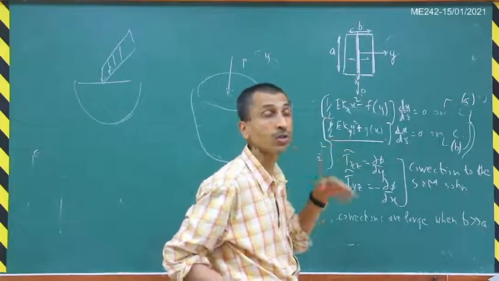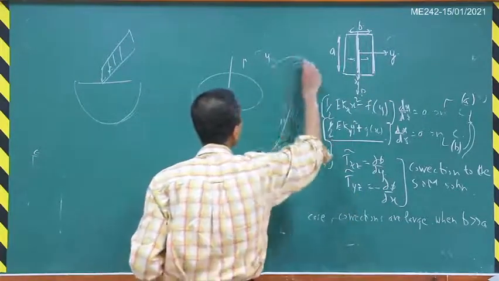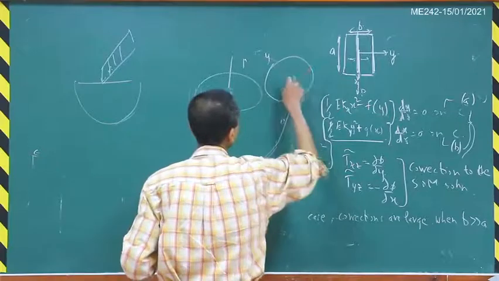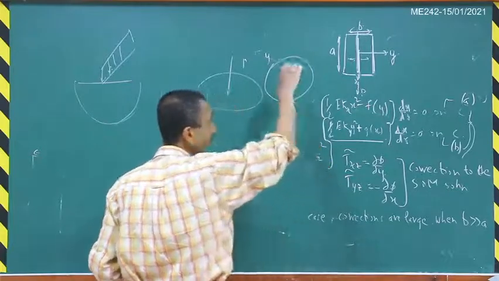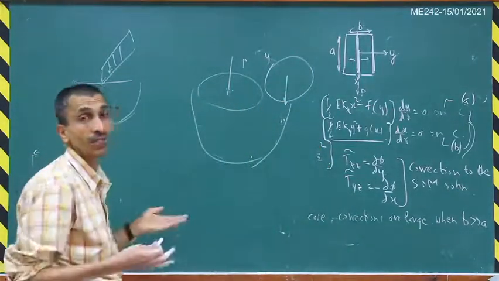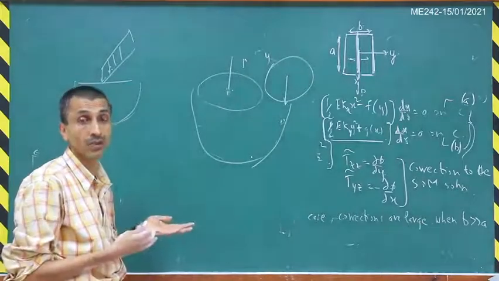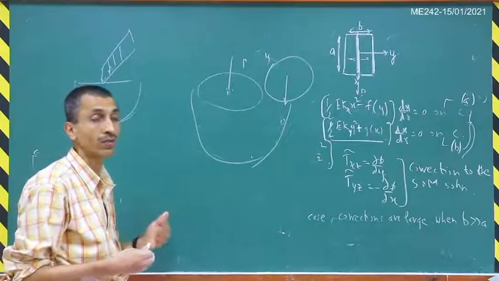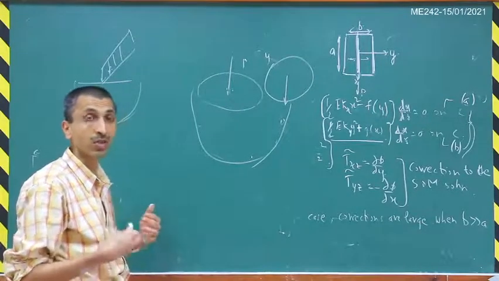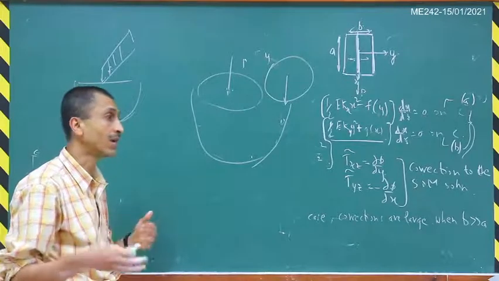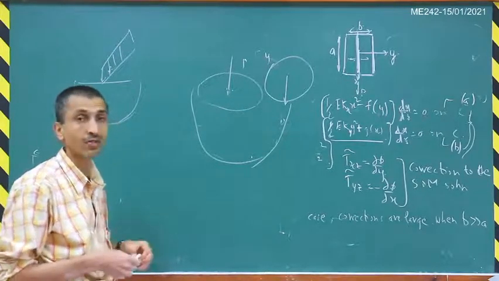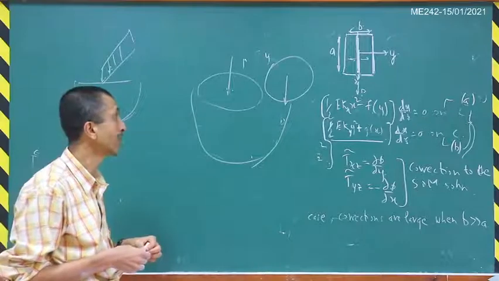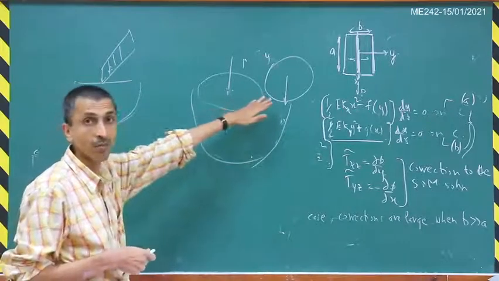But now suppose I give you an arbitrarily shaped cross section like this, some random shape, and now you have a load P, then it is not possible to find an exact solution. And so that is where the approximate solutions come in, and the finite element method is one of the most powerful methods to find such approximate solutions.